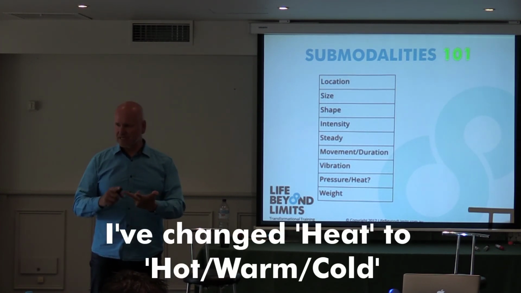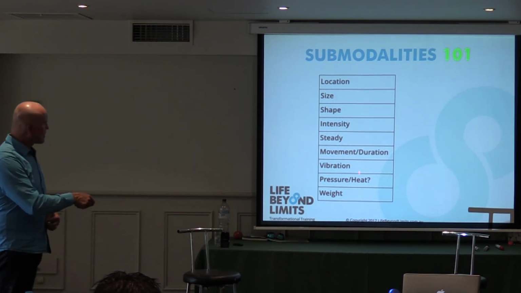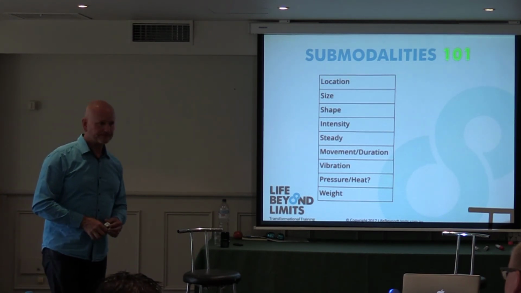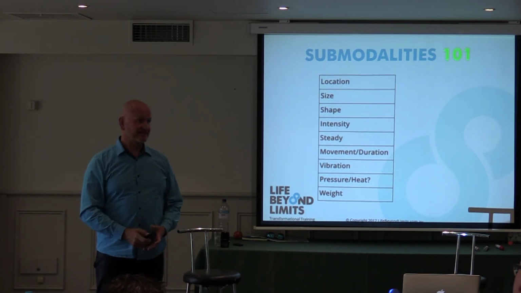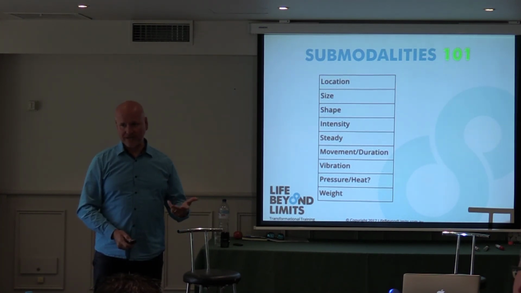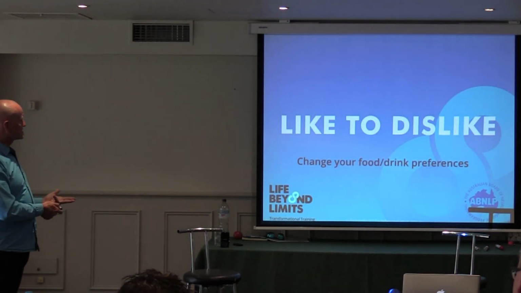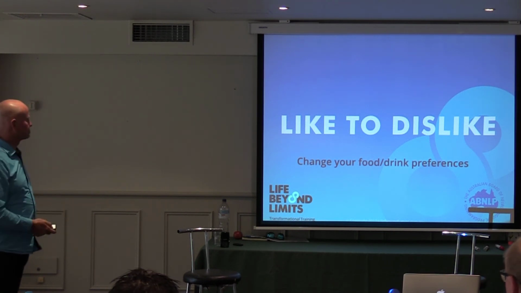So now at least I'm getting greater descriptors. And then the weight. How much does it weigh? So now we have all the submodalities. We have the V, we have the A, we have the K. So they're the kinesthetics.